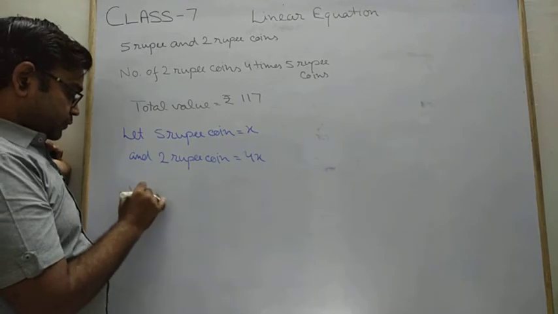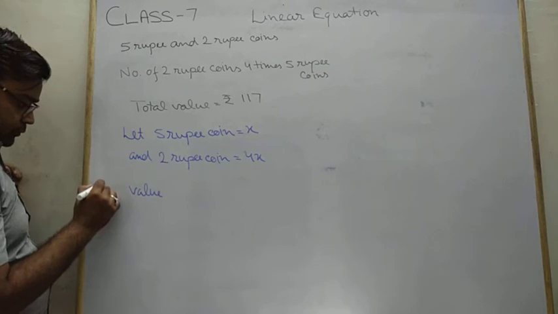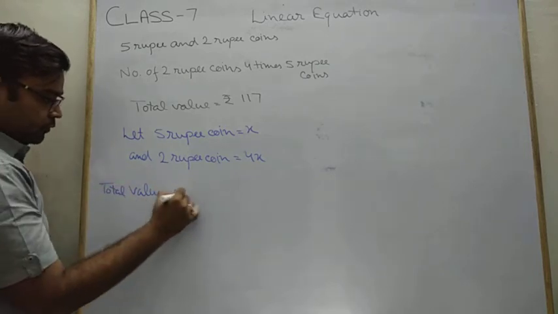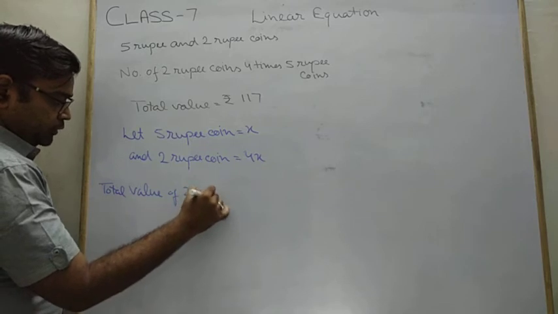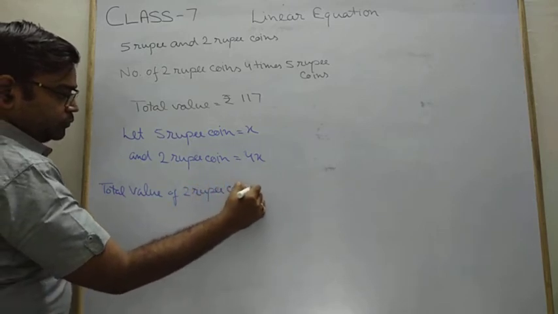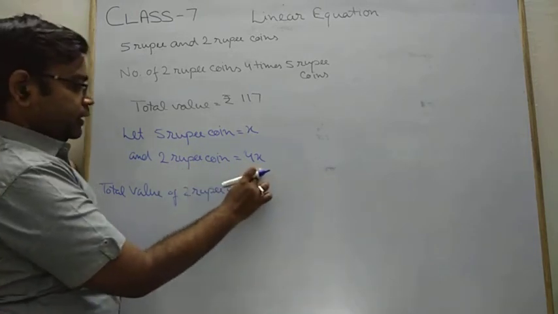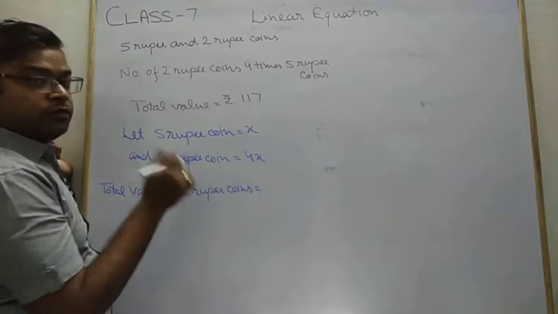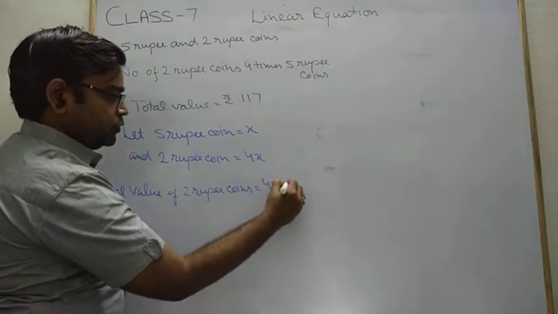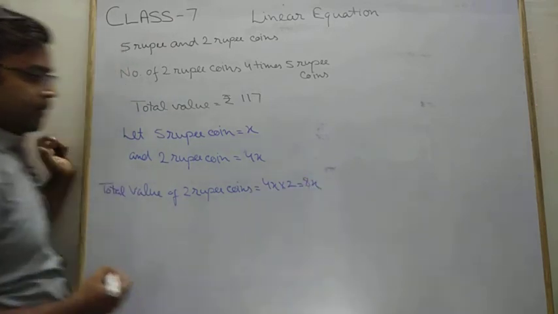Total value of 2 rupee coins equals: 2 rupee coins are 4x and each coin's value is rupees 2, so 4x into 2, that is 8x. Clear?